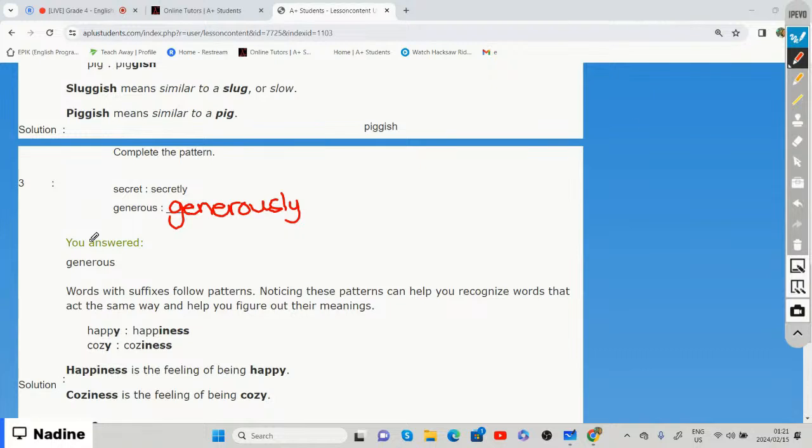All right, so secretly and generously. And we said that when it comes to suffixes, we follow these patterns, and once you've noticed a certain pattern, it can help you recognize words that act the same way, like secretly, generously, and help you figure out the meaning.